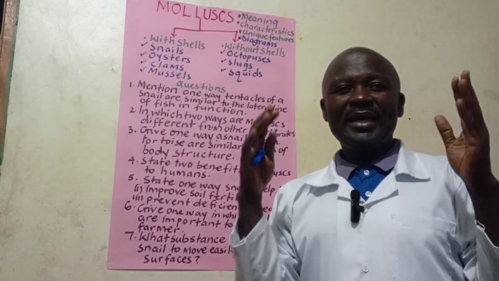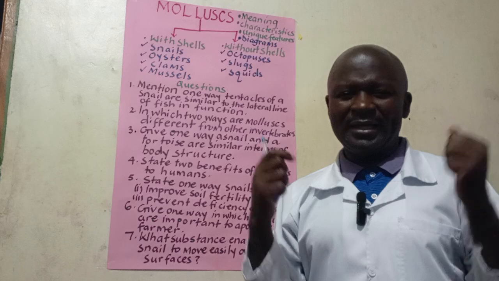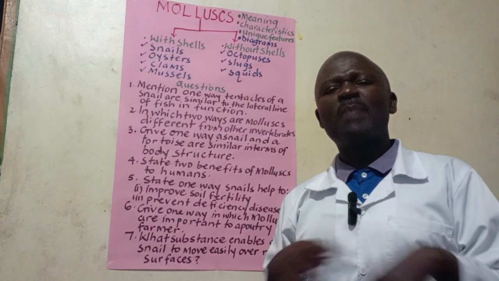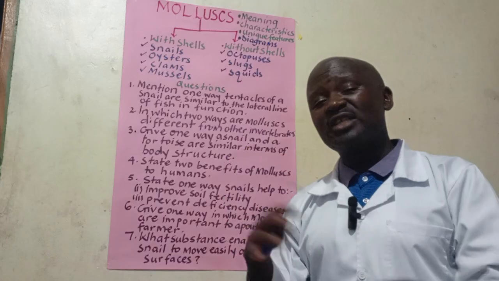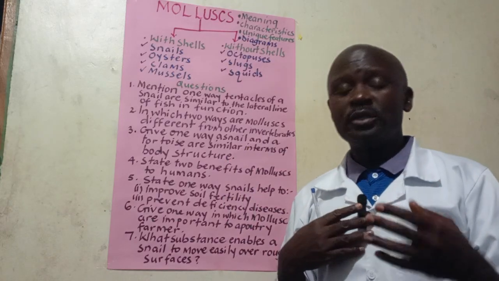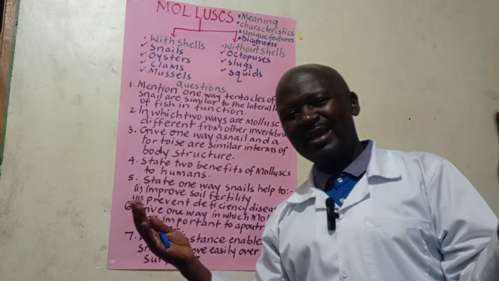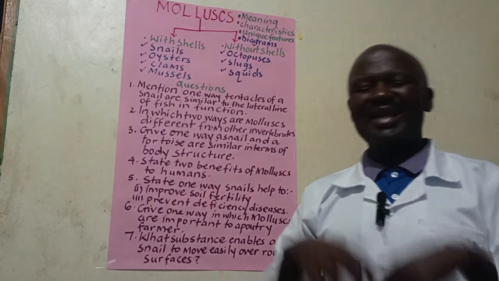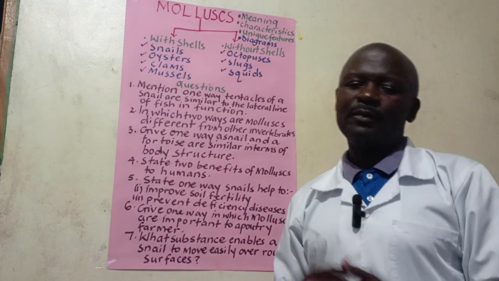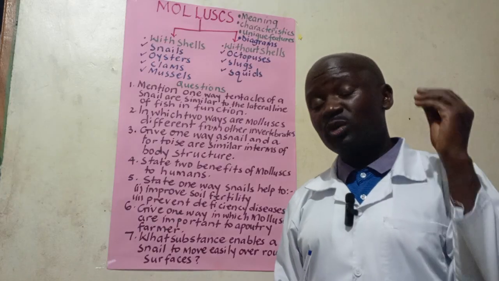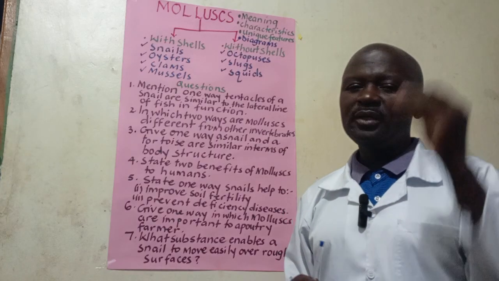Fellow teachers, let's teach these learners to understand. Don't just talk about mollusks and you end there. You are supposed to help these learners make a comparison between mollusks and other invertebrates, and even other vertebrates. By doing that, you will have taught the lesson very well.